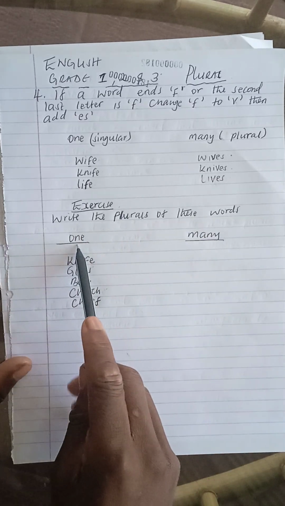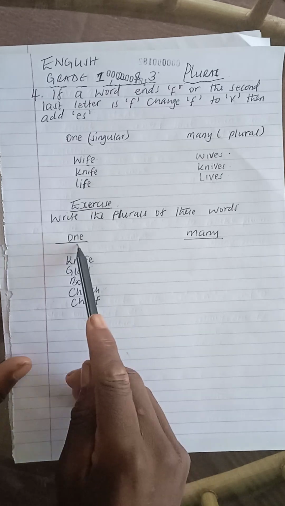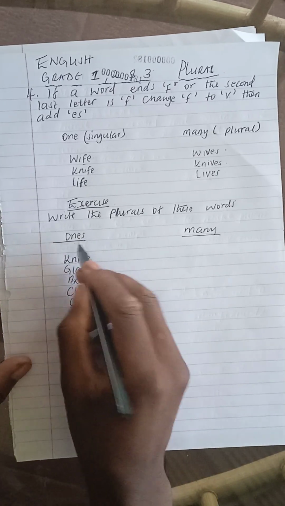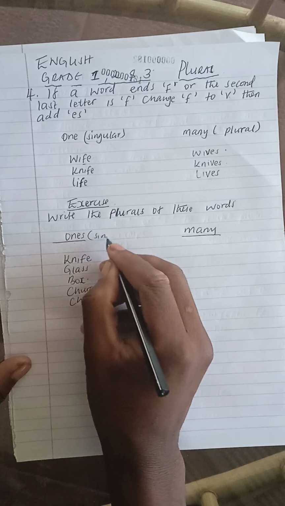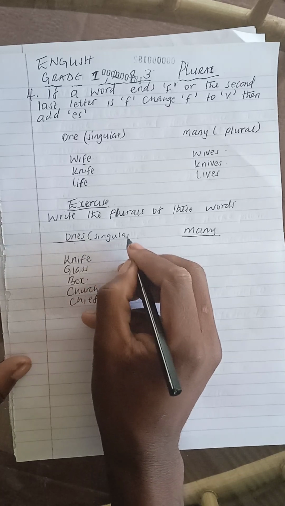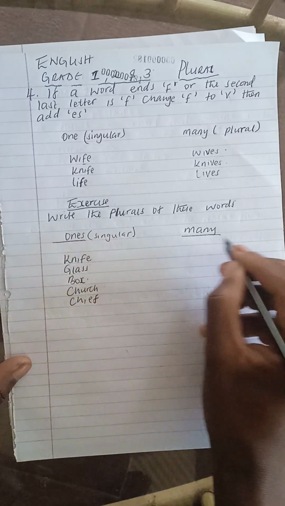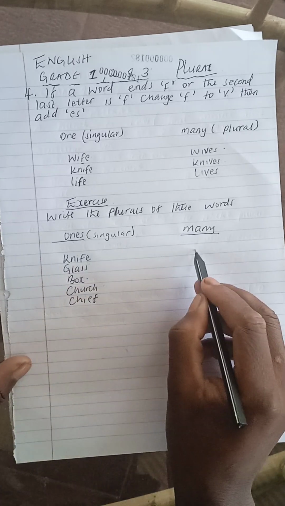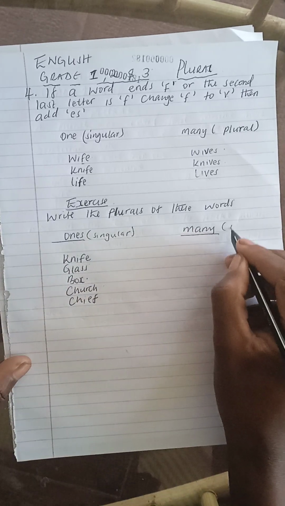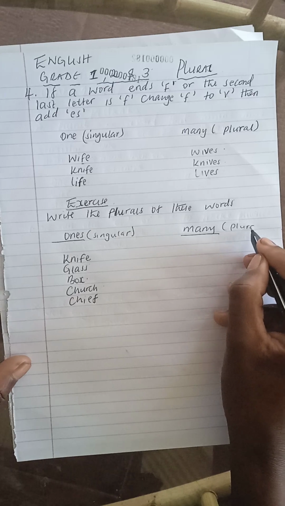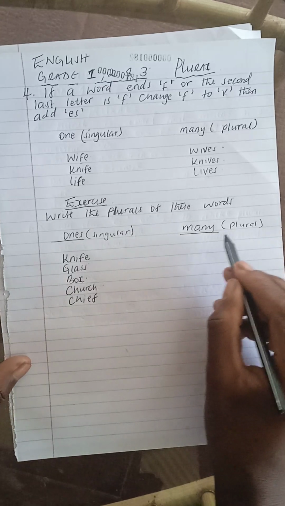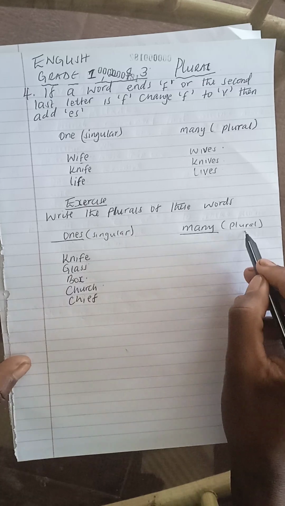Here, the words are in ones, or in singular. They want you to change these words into many, or plural. And we said another name for many is plural.